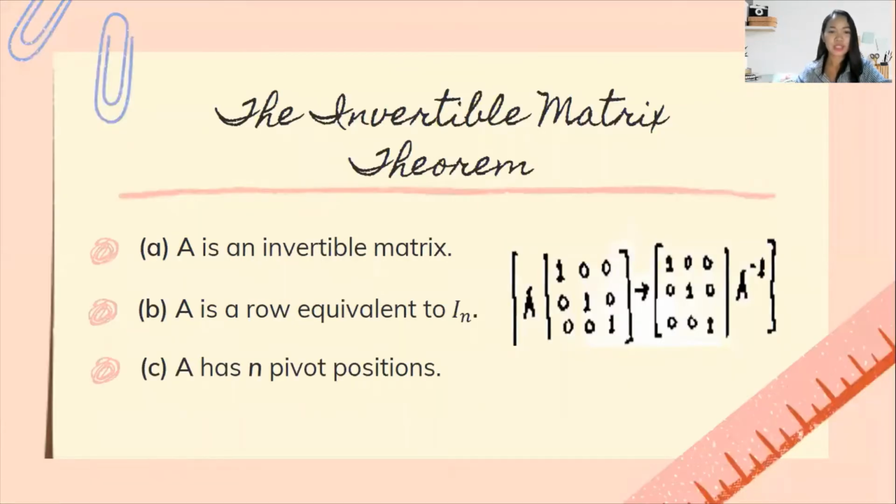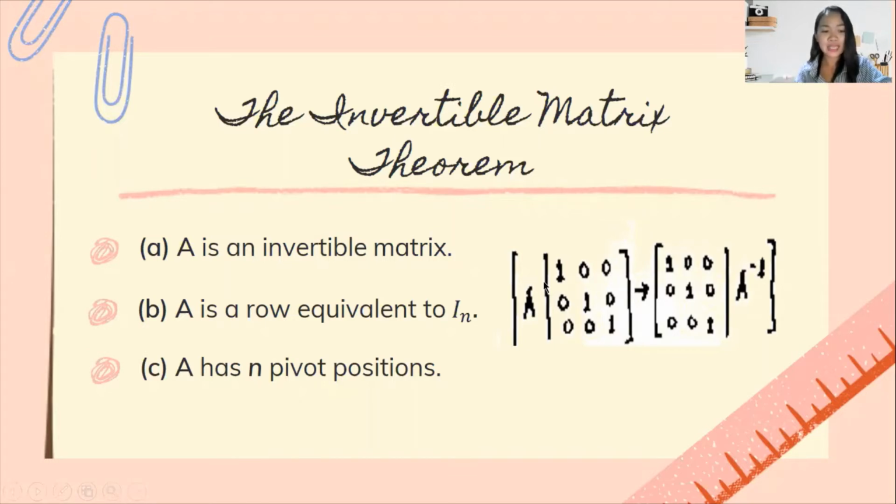Okay, so let's start with letter A. A is an invertible matrix. Remember that when you find the inverse of A, you are setting up a matrix where you have A and an identity matrix of the same size.